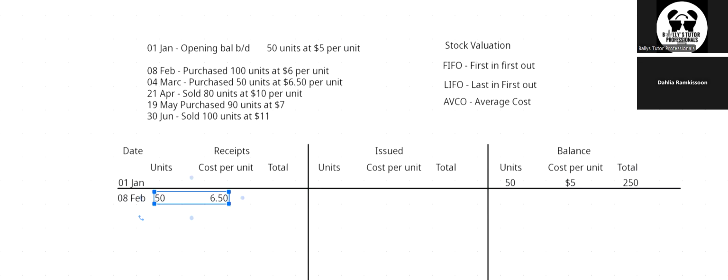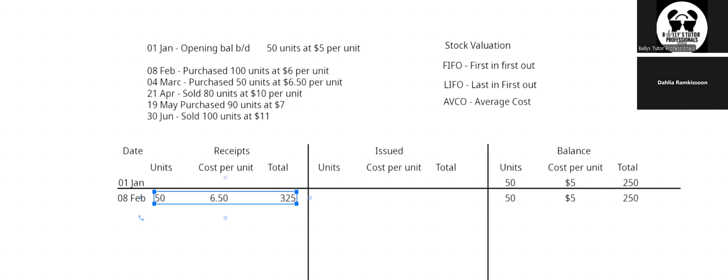So the value of all the goods I have now, which is what I'll have in my balance, would be the 50 units I had before, because I still have these 50 units, right? And now, sorry, it's 100 units. February, I made a mistake.